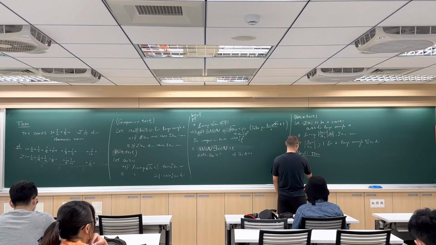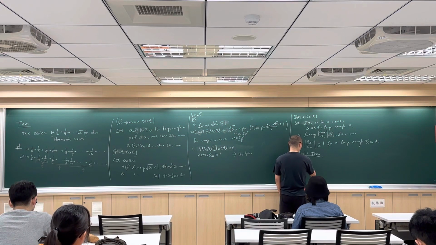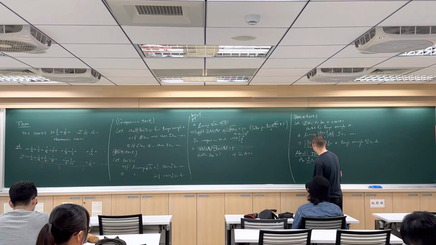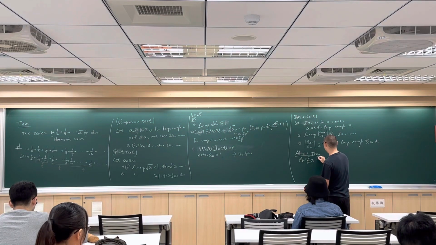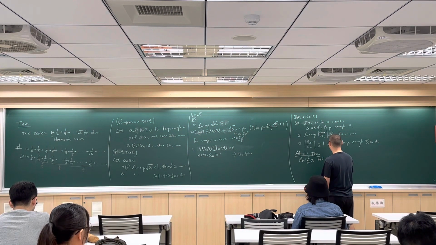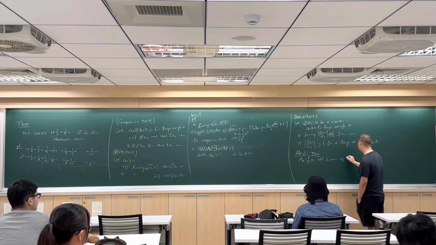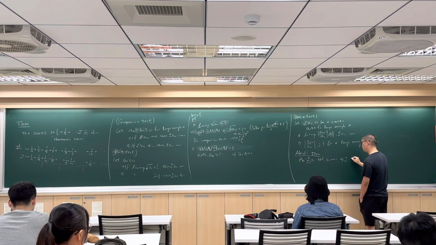So, A_n equals the sum of a_i from 0 to n, it is bounded, and b_n goes to 0, and the sum over a_n b_n converges.